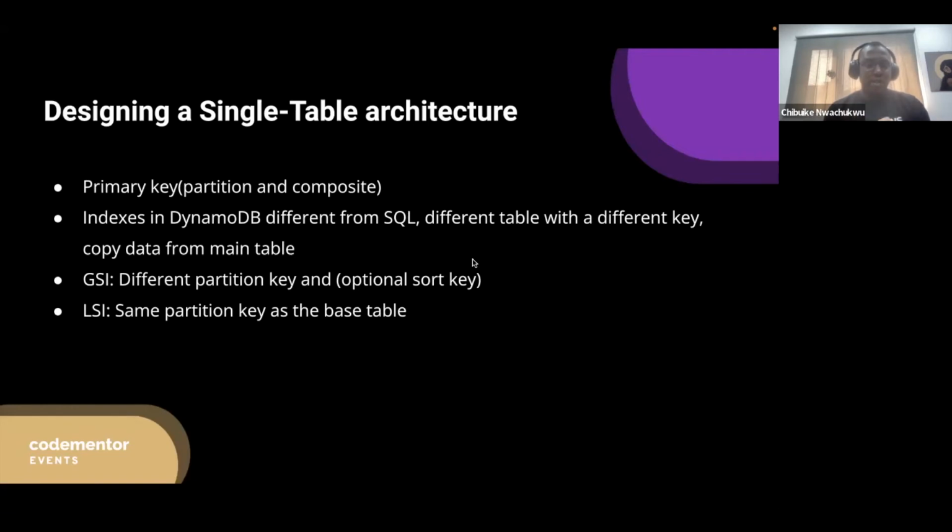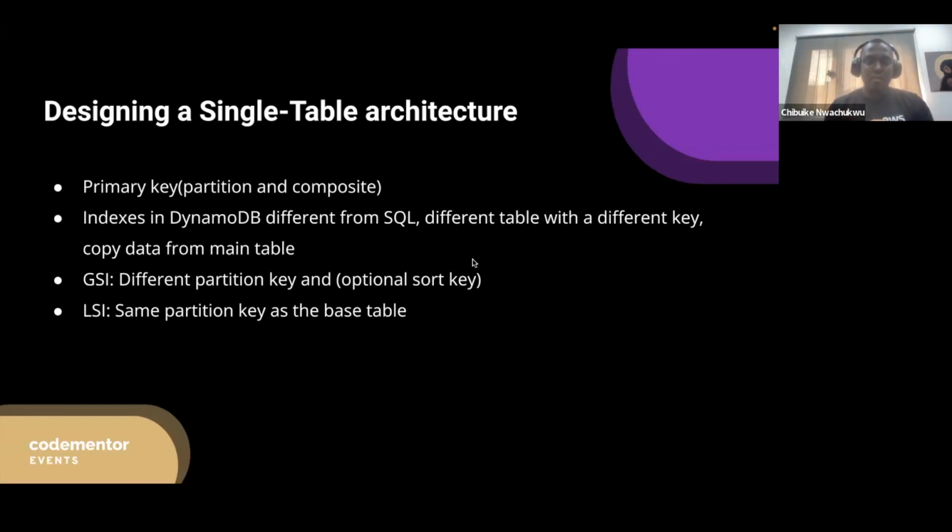We also have the concept of indexes, which are very different from what we know about indexes in SQL databases. In SQL, we use indexes to make queries faster. But in DynamoDB, we use indexes to add an extra access pattern.